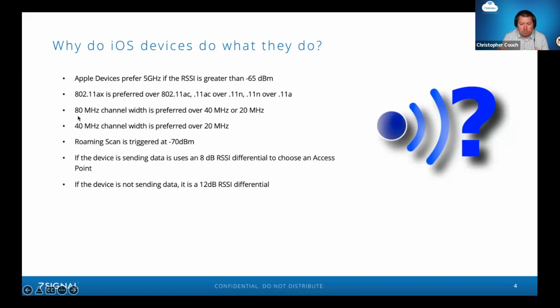When they're actually consuming data on the wireless, sending and receiving, they use an 8 dB RSSI differential between access points before they start looking for another one. That can really impact your cell sizes and how your devices roam inside your environment. When they're not sending data, it's completely different. It uses a 12 dB difference. That shows you how these devices can stay sticky on access points if they're not being busy. It can really play havoc in your environment if you're not careful.